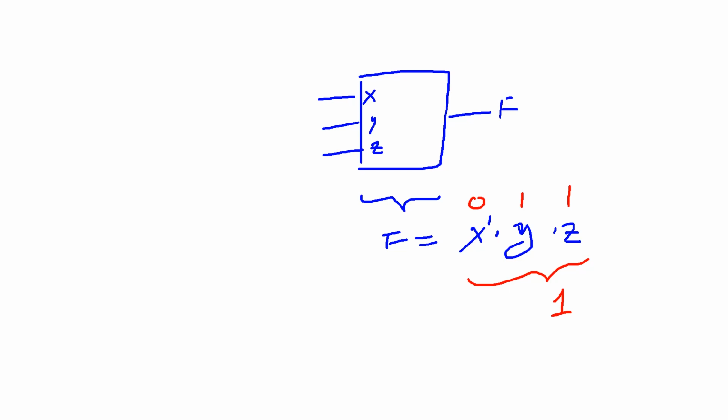If you apply another value of x, y, z, for example 0, 0, 0, this term will be 0, right? If you apply 0, 1, 0, it becomes 0. It will be 0 for every case except the value 0, 1, 1. So this term gives the result 1 in only one case. It's called a min term.